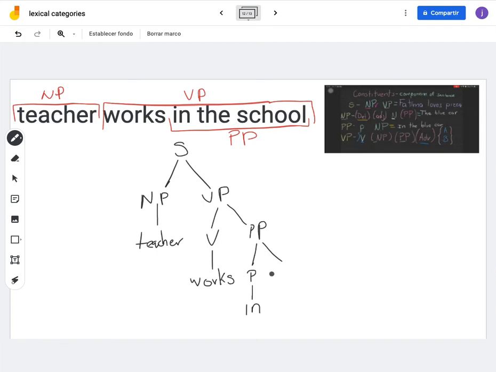Okay, and now we put NP, that means noun phrase, and we put another two lines, and first we put the terminal, that is an article, that is "the". Okay, and the last we put noun, letter N means noun, and the last we put the word school.